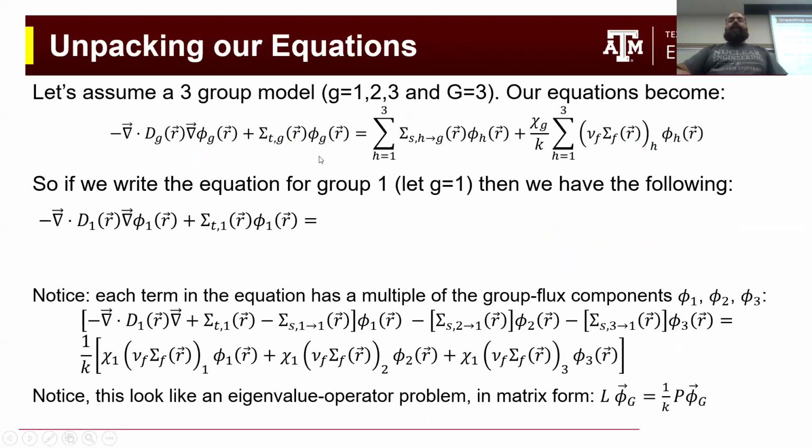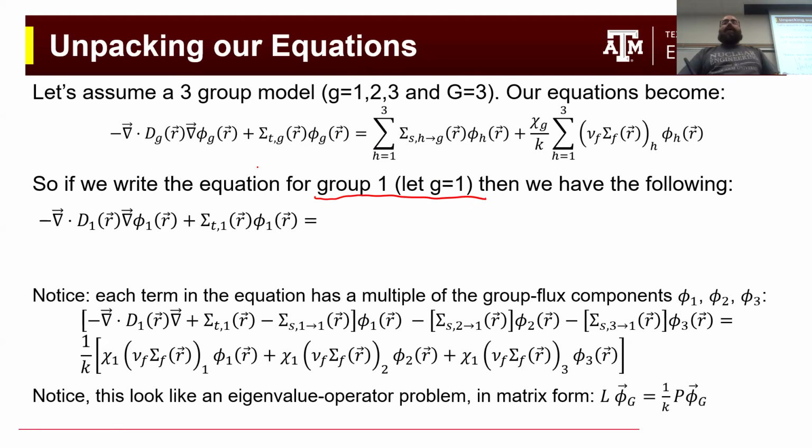So what I'm going to do is just assume a three group model. That means that little g could be one, two, or three, and in total I have big G equals three groups. So this was our equation, just rewriting that multi-group diffusion equation. Then I'm going to write the equation for group one.